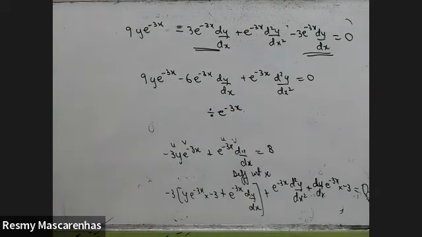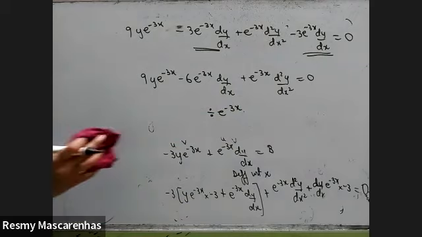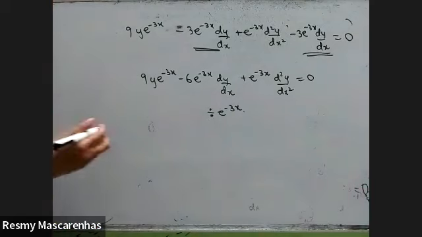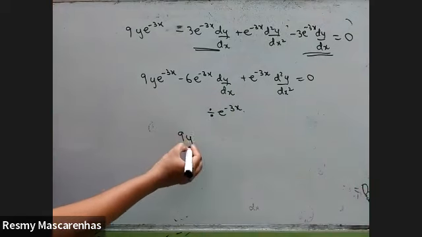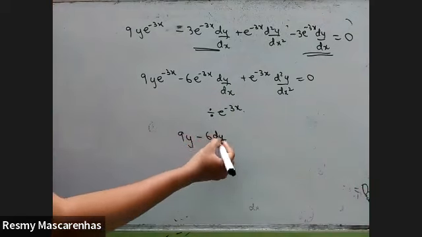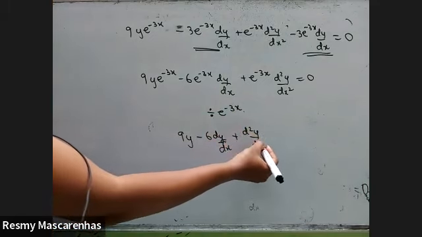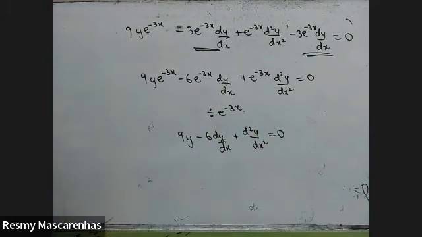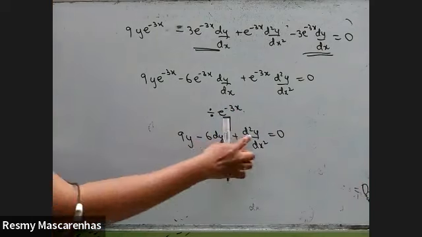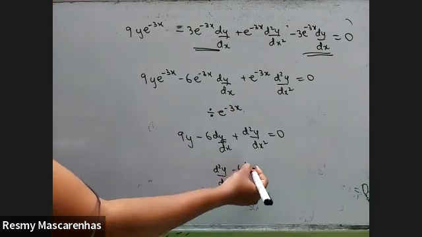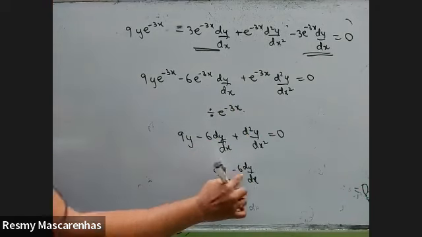So just divide everything by e raised to minus 3x throughout the equation. Whatever is common, you can just remove it off. Answer will be 9y. Usually, we write in the correct order with higher term first. We can write this way. Highest order derivative.